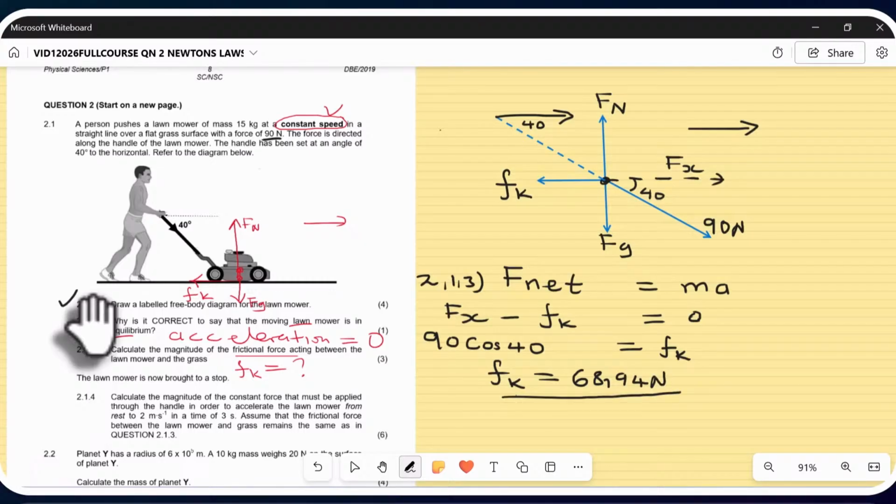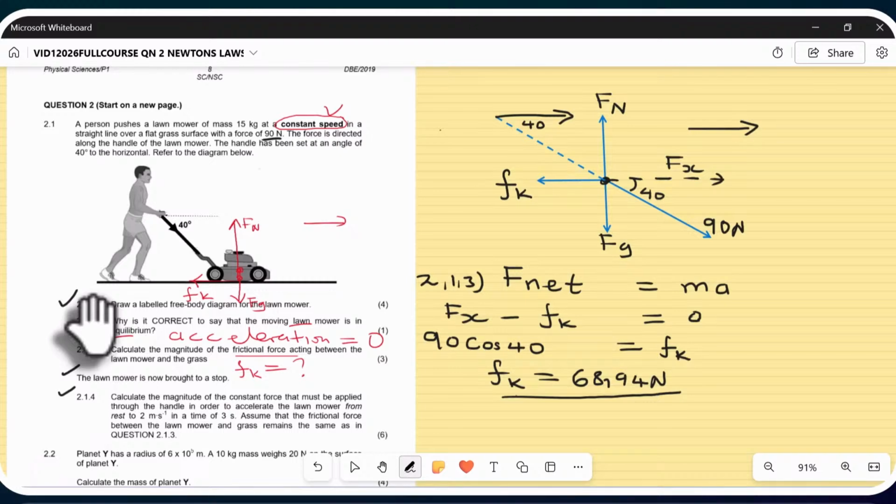Assume that the frictional force between the lawnmower and the grass remains the same as in question 2.1.3. Meaning I'm going to use the same frictional force here, which is 68,94. Now, this time, because it is accelerating, it's not moving at a constant speed, okay.